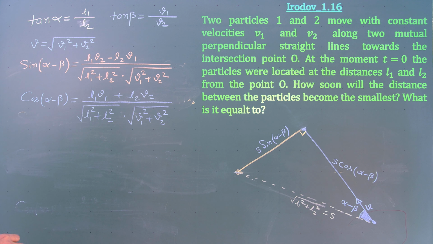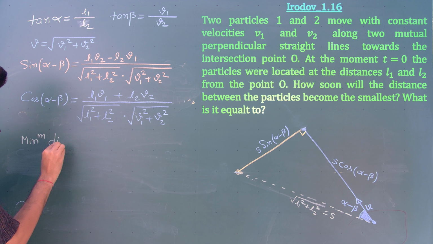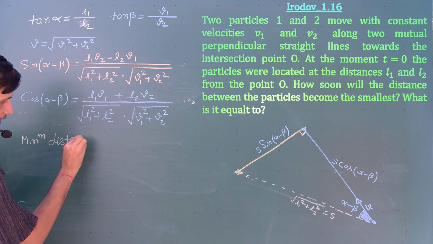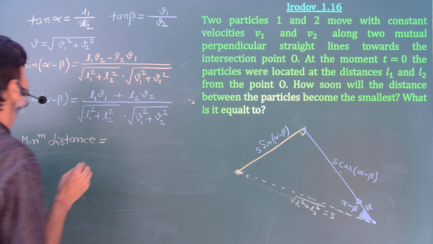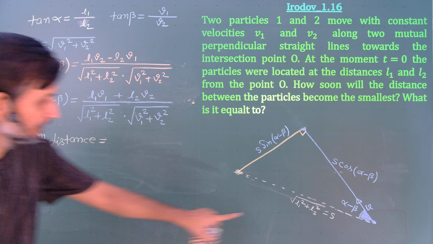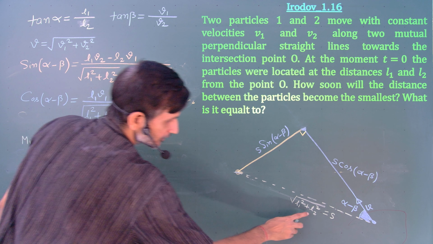What is the minimum distance? So minimum distance is this length. This is the minimum distance. So S, what is the value of S? This is S, under root L1 square plus L2 square.